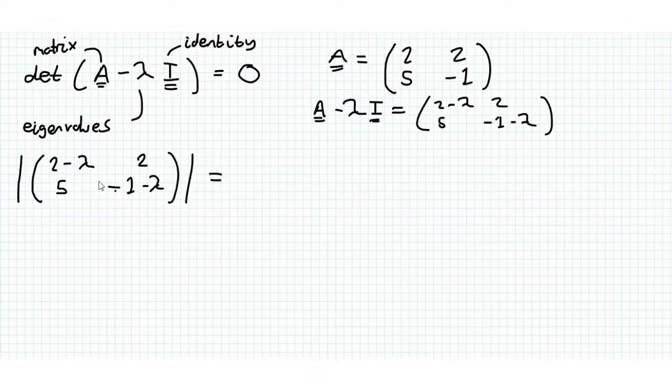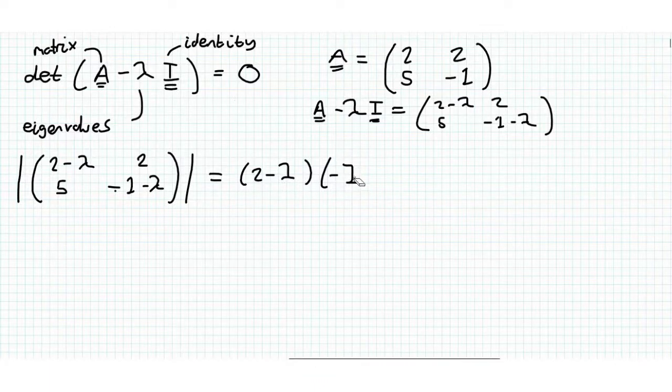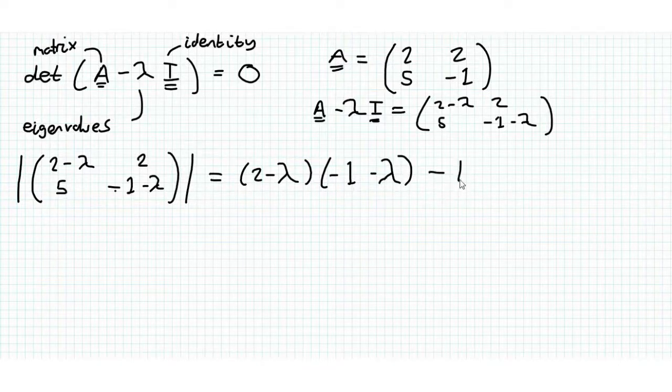Right, so this is equal to the top left and bottom right things multiplied together: 2 minus lambda, minus 1 minus lambda. There you go. And then minus 2 times 5, so that's minus 10.